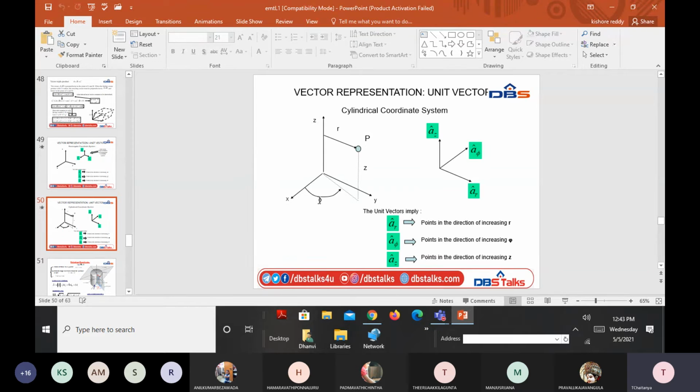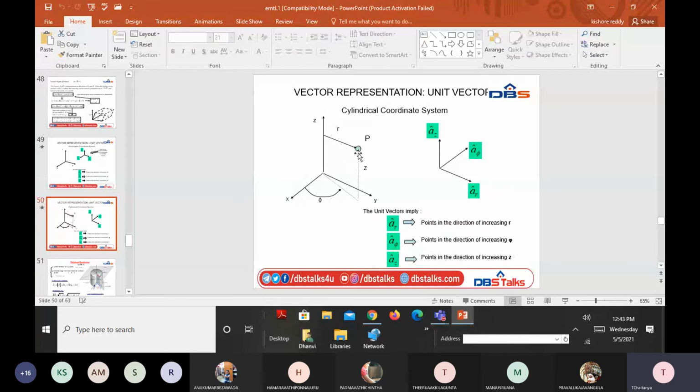See here, this is the azimuthal angle, which is the angle between the radius of the cylinder and the x-axis. The radius here is r, and there is also a distance along the z-axis. If you consider the z-axis from here, the z distance meets at a point here.